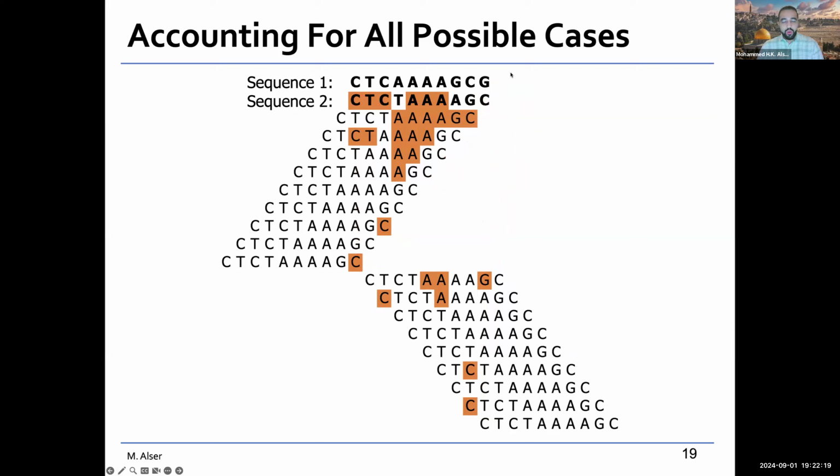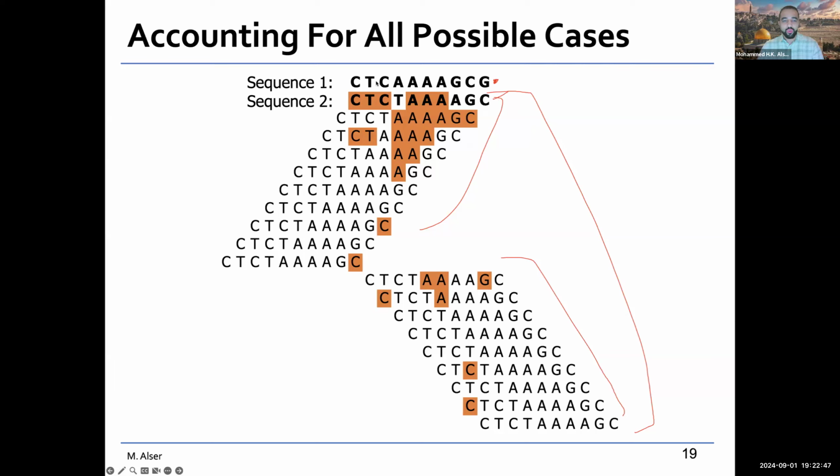Now, since we calculated all those versions, we try to see when we could match the first sequence with any of these versions. So we match this first sequence with all the shifted versions, either to the right or the left, or to the original sequence as well, that has no shift at all.